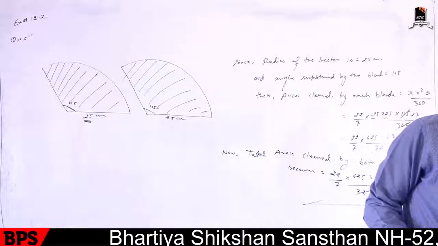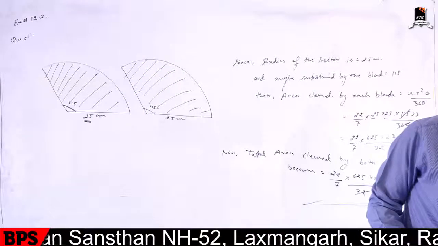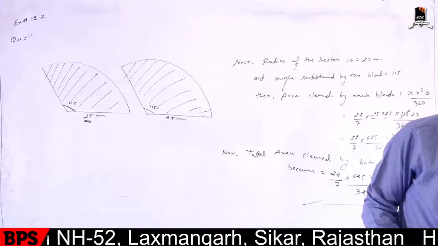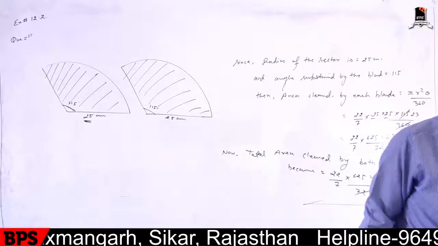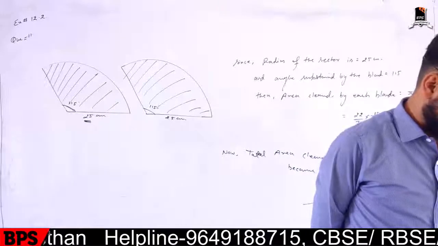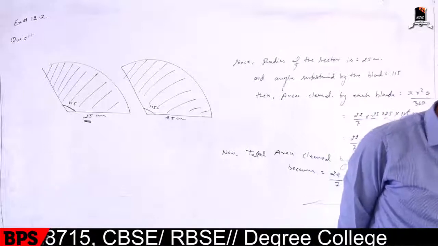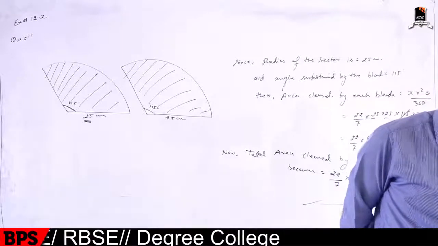Question number 12. To warn ships of underwater rocks, a lighthouse spreads a red colored light over a sector of angle 80 degrees to a distance of 16.5 kilometer.